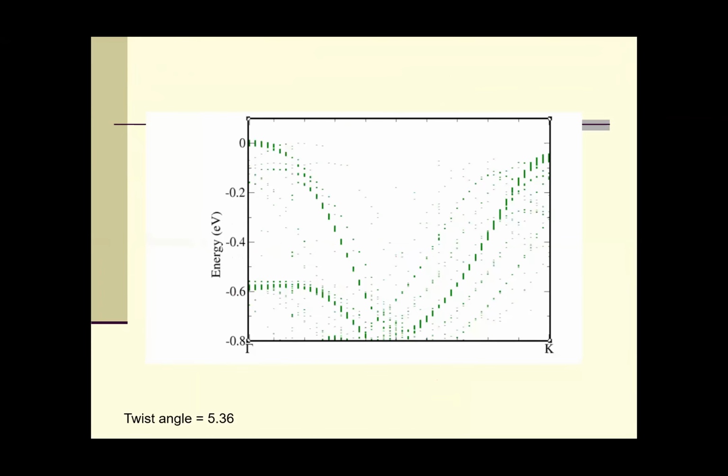This is for 5.36 degrees, and even here you have this flat band. So it's essentially in the small angle region. Just by changing from 2 to 2.5, I'm not going to lose these high symmetry patches. It's only when I make the angles much larger that you have very small regions which are like AB prime or things like that.